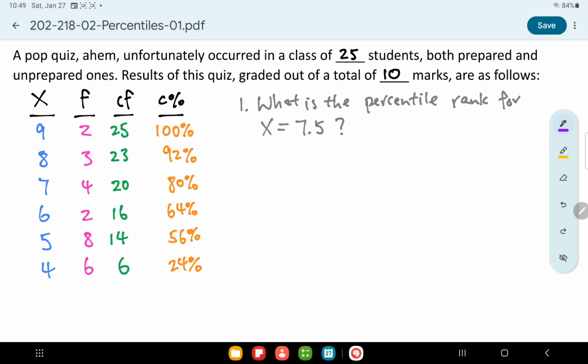Referring to the frequency distribution table that we've constructed so far, the cumulative percentage essentially refers to the upper real limits, the respective upper real limits of every score of x.